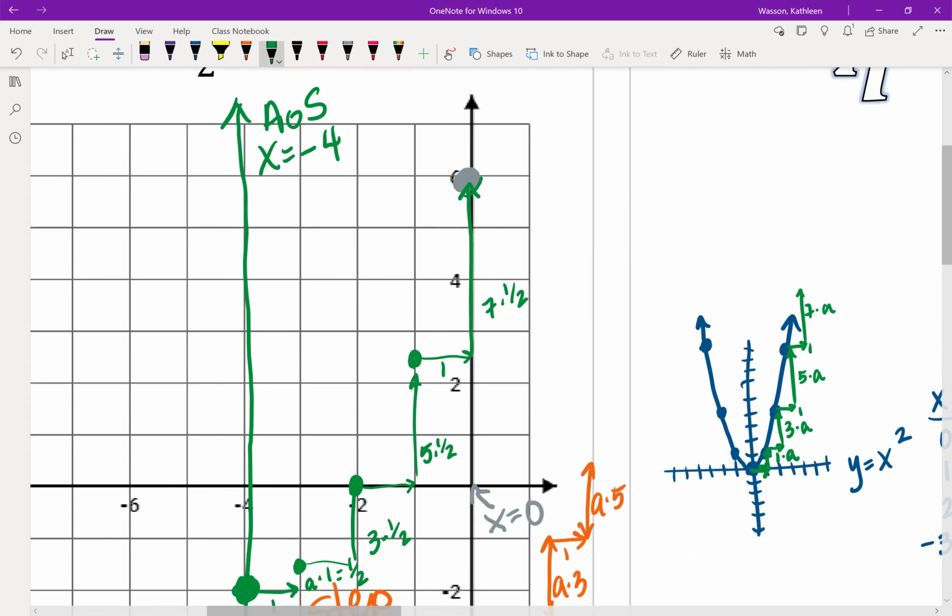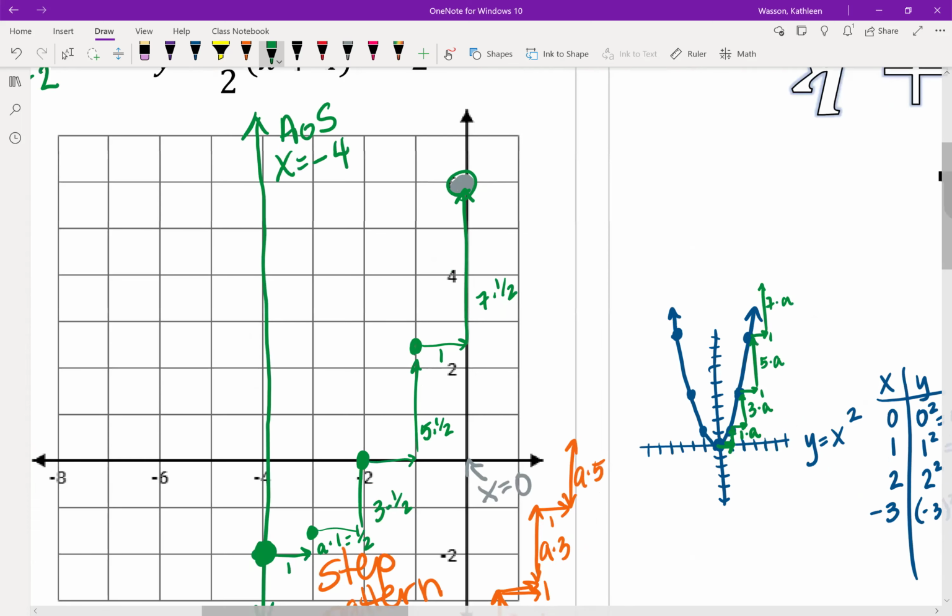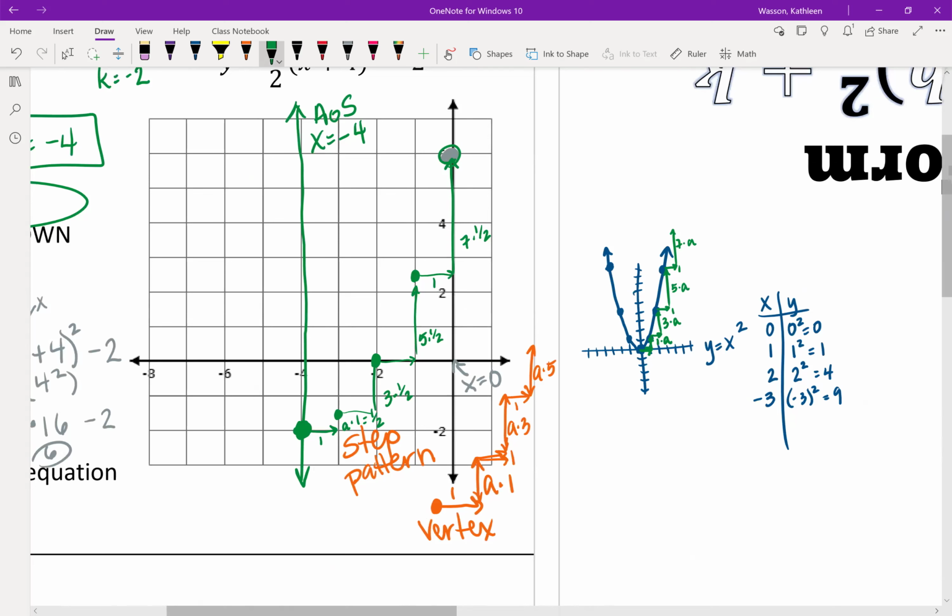And that gets me to the y-intercept I calculated. Go ahead and connect your dots, and this is the shape of half of the quadratic curve for this equation, and then it's reflected across the axis of symmetry.